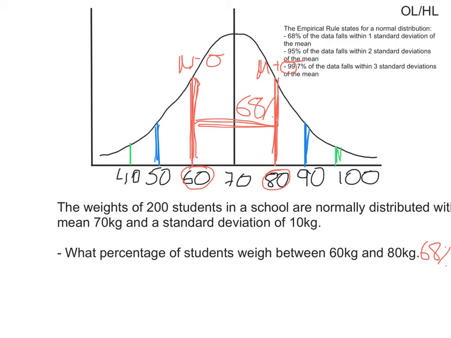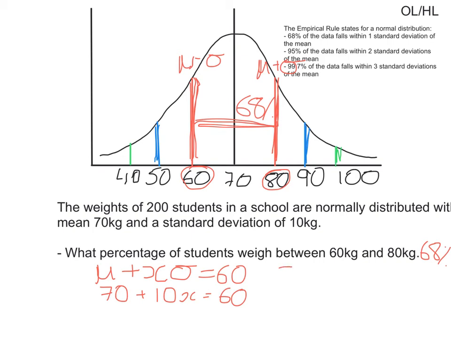We could have also done this question mathematically by working out how many standard deviations from the mean were 60 and 80 kilos. To do this, we'd say mu, the mean, plus a number which we'll represent by x, standard deviations, equals 60. So 70, which is our mean, plus the standard deviation, 10, times the number equals 60.